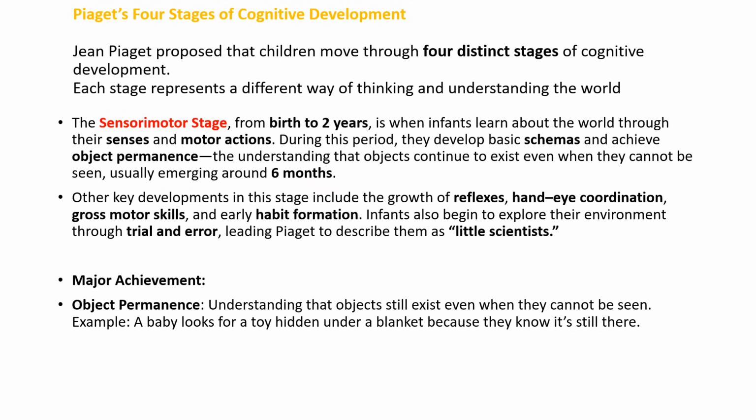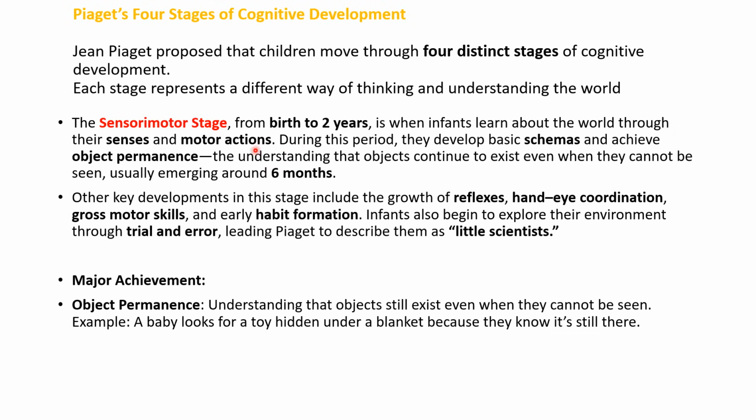Now the first stage according to Piaget is the sensorimotor stage. That one starts from the day you give birth to your child up to 2 years, that is from birth to 2 years. It's when infants learn about the world through their senses and motor actions.